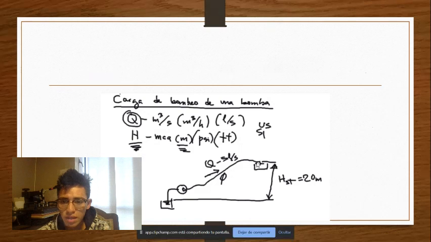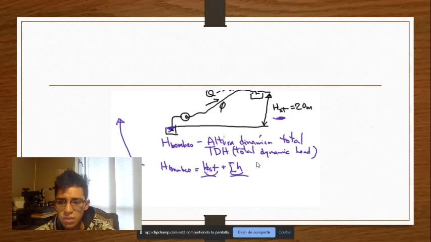The flow rate, given in cubic meters per second, cubic meters per hour, or also in liters per second, and the pumping head, which is normally given in meters of water column. Although it is also given in PSI for those who use the American system of units, and in some cases in feet.